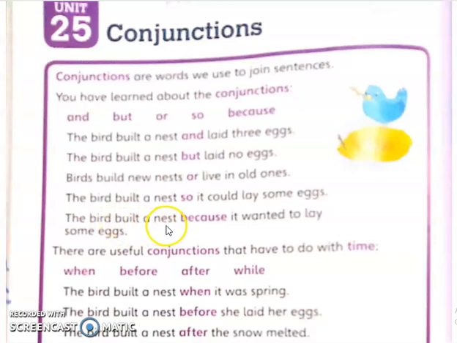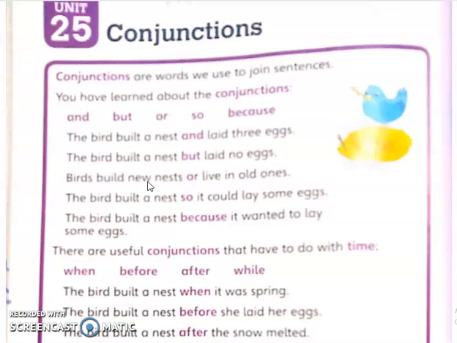The bird built a nest because it wanted to lay some eggs. Because is the conjunction of reason. It describes the reason. Why did the bird build a nest? Because it wanted to lay some eggs. The reason behind building a nest is to lay some eggs.